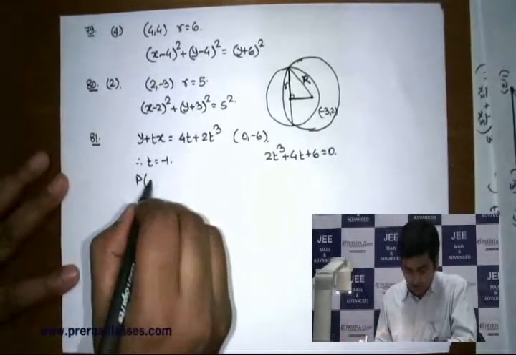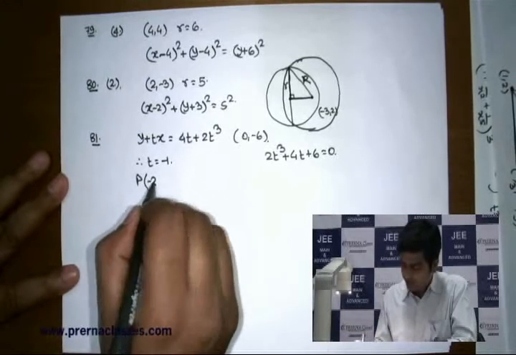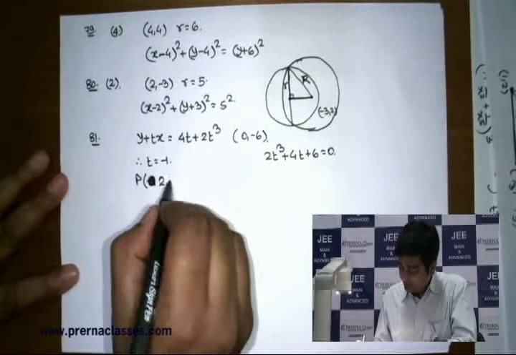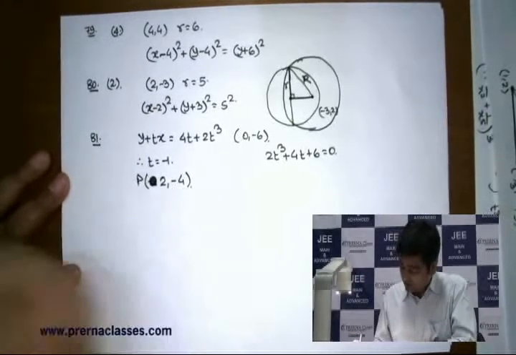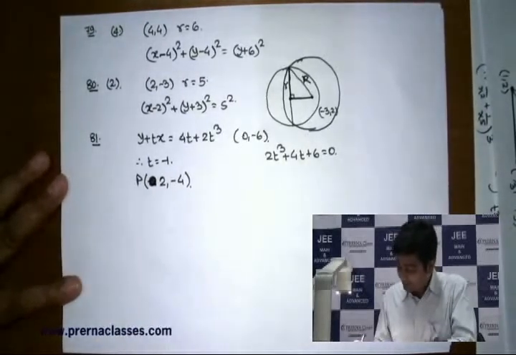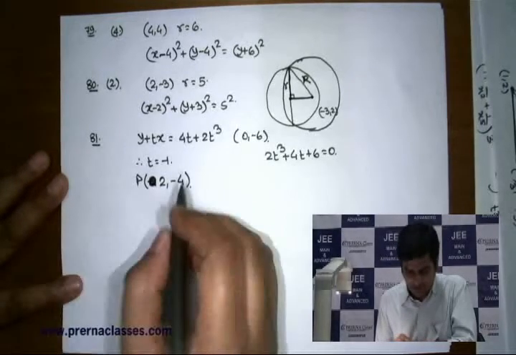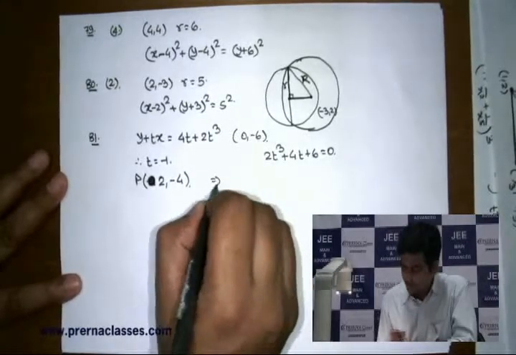So that point P which you are dealing with becomes at squared and 2at, that is 2, minus 4. And now you are looking at such a circle which passes through the center C of that circle, having center at this point.